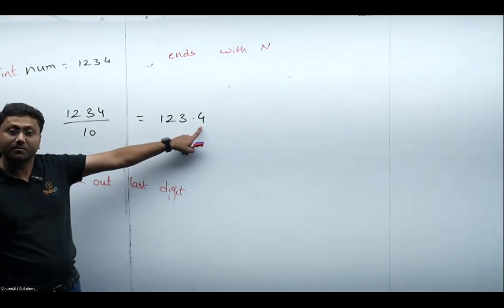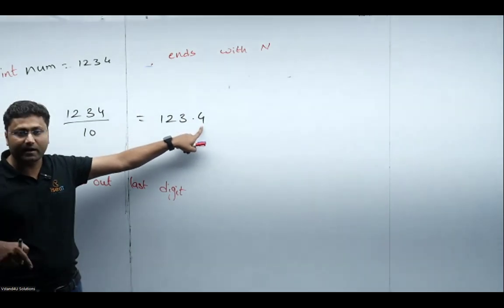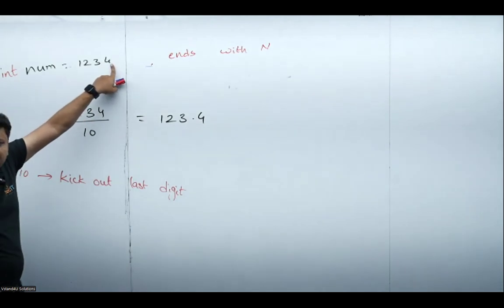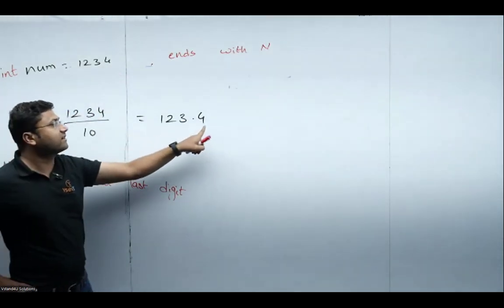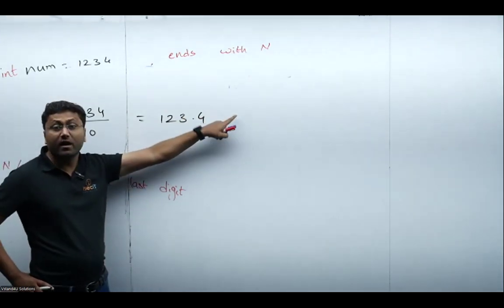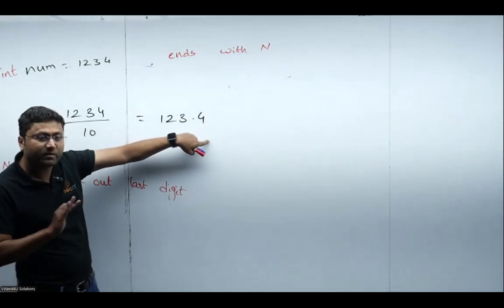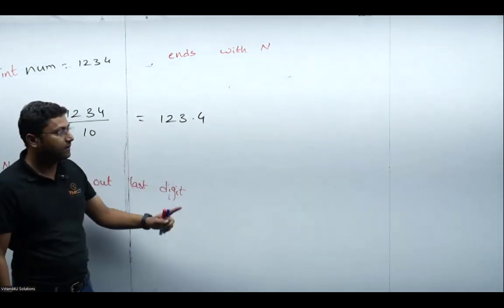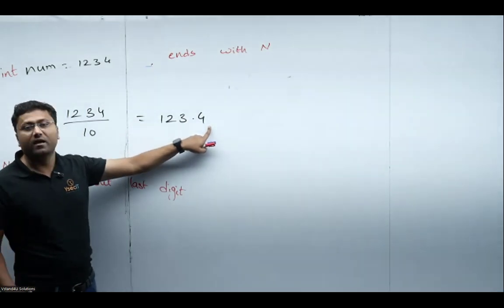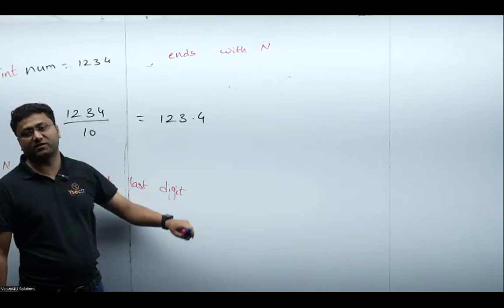This number is the remainder. This remainder is something I wanted. Right now, pay attention. If I'm telling you to read the last digit, what is the last digit? How do I get it? Over here, two parts are there: one before the decimal, one after the decimal. Our desired part is the number after the decimal. Since you are dividing by 10, only one digit will be there after the decimal.